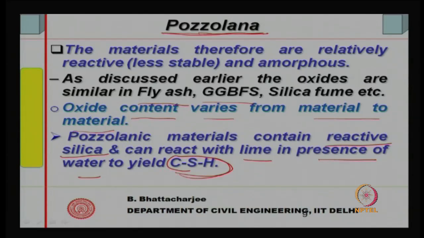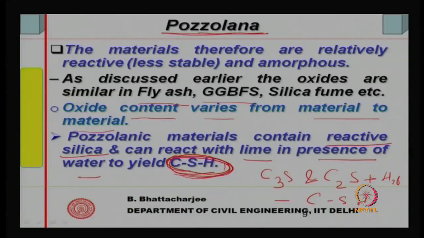We have seen when cement reacts with water, C3S and C2S react with water and give rise to CSH. Now, in the case of ordinary Portland cement clinker, lime and silica are mixed together and heated, calcined, to obtain the OPC clinker.